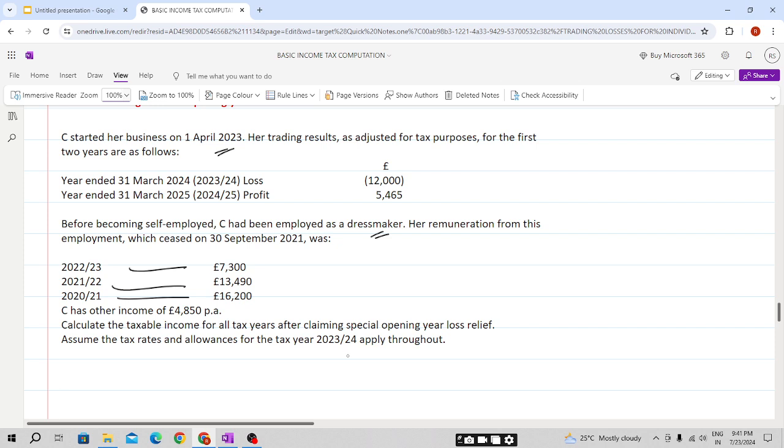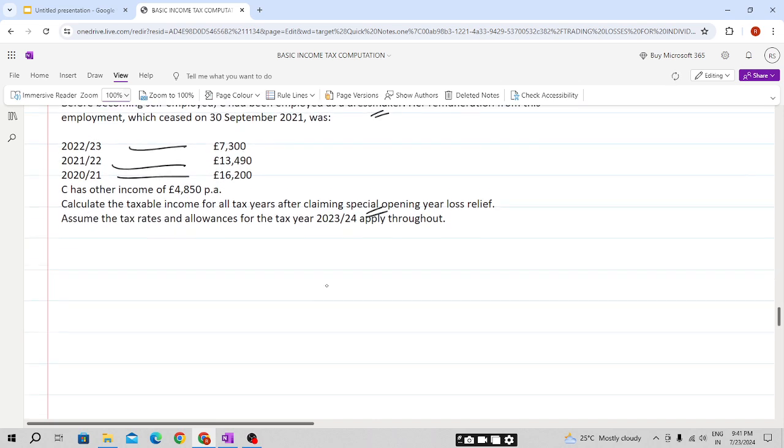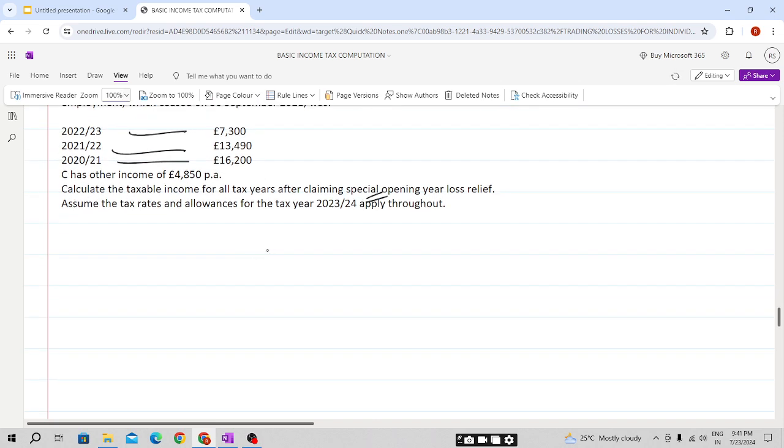And which option will we select, students? We need to claim the special opening year relief. So now, students, tax year 2020-21, 2021-22, 2022-23, 2023-24, 2024-25.